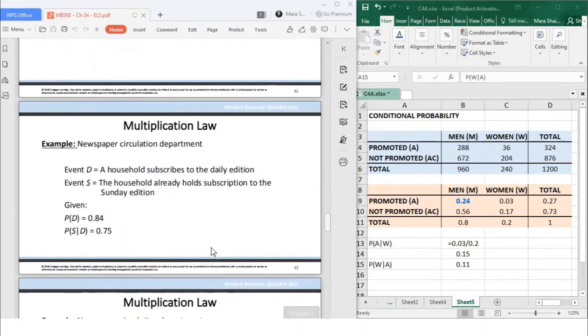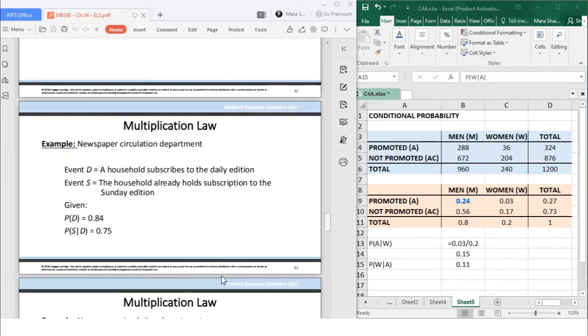For example, a newspaper circulation department has the following events. Event D is that a household subscribes to the daily edition, while event S is that the household holds a subscription to the Sunday edition.